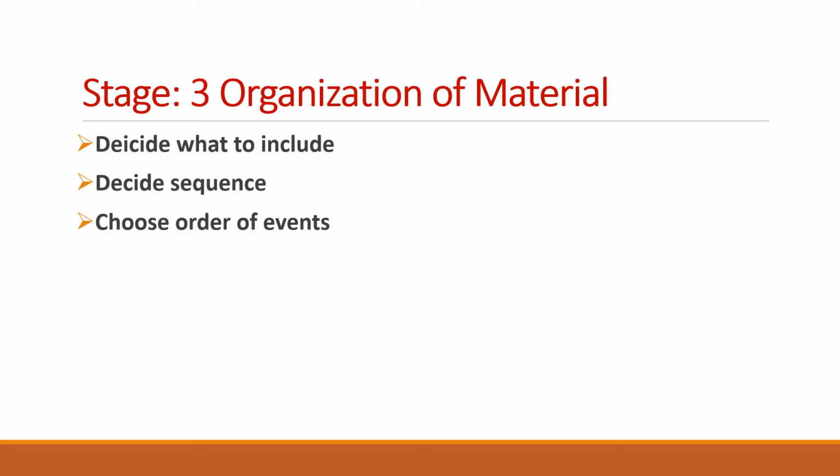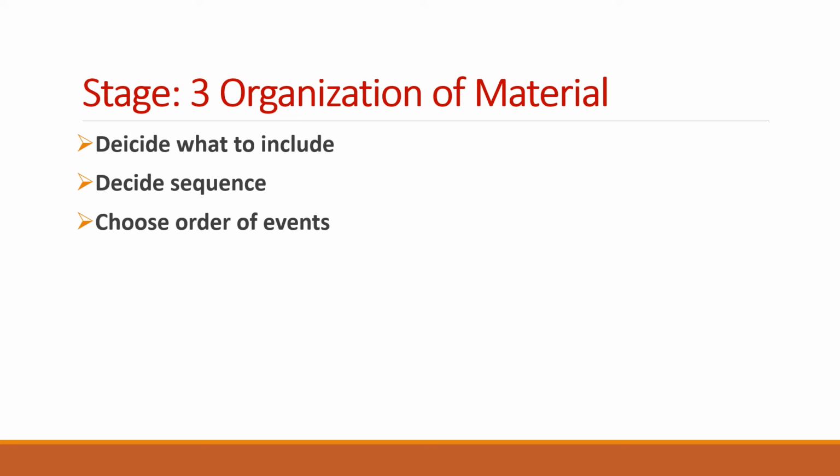So this also helps in maintaining the organization of material. When you have decided what to include, then it becomes easy to follow a pattern and follow a way that is required for report writing.